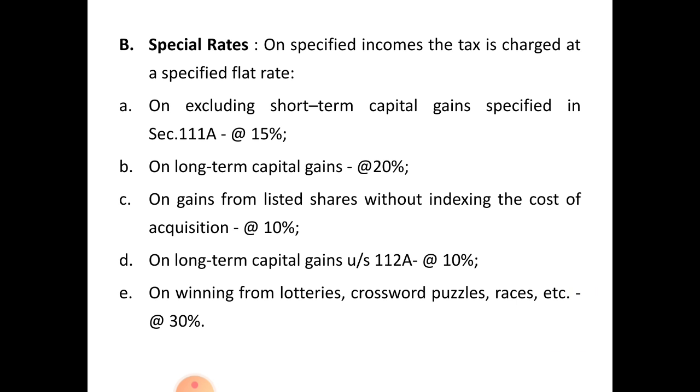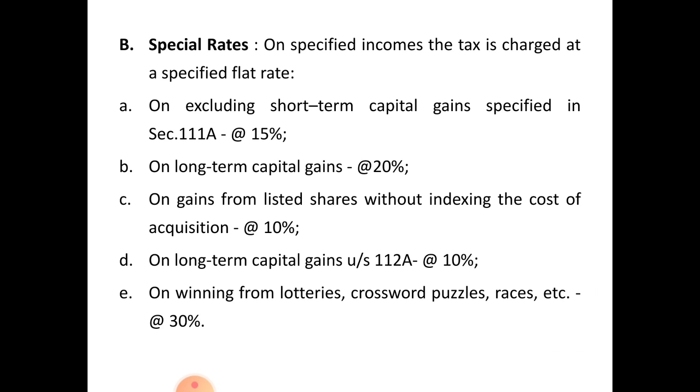Next, see special rates. First, we studied about general rates, that is general for all income except these items. So, for these items, special rates are applicable. See, on specified incomes, the tax is charged at a specified flat rate.